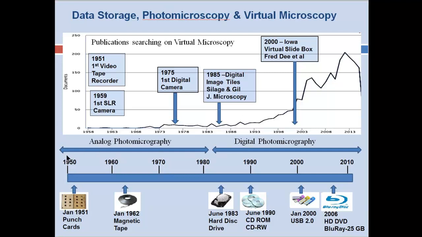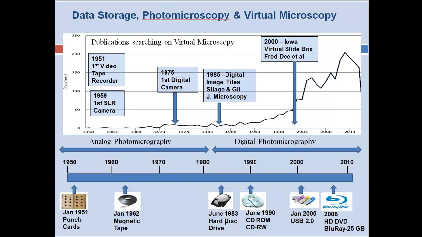And look down here, the age between 1950 and 1980 is the era of analog photomicrography, and then the era from the early 1980s through today, digital micrography. So down below, you can see that on computer in 1951, it was punch cards and then magnetic tape.